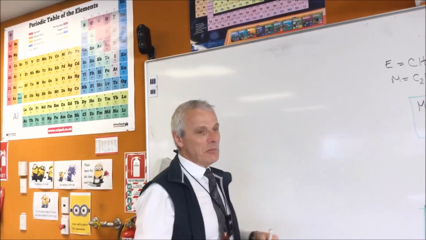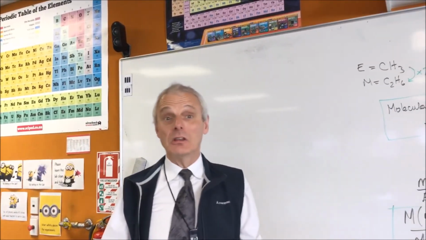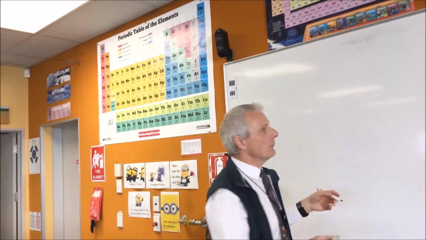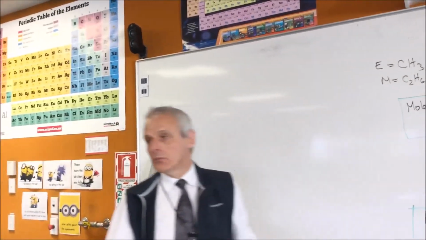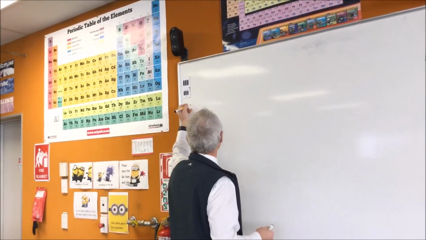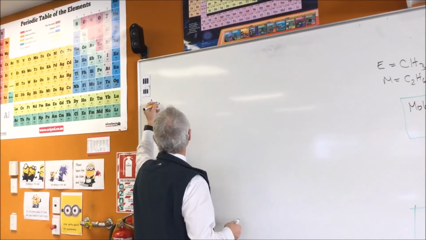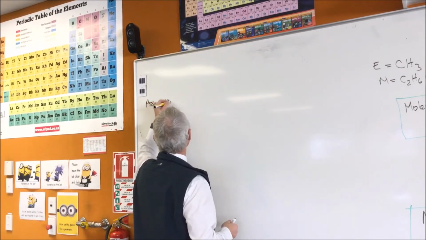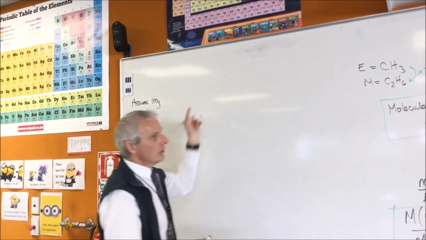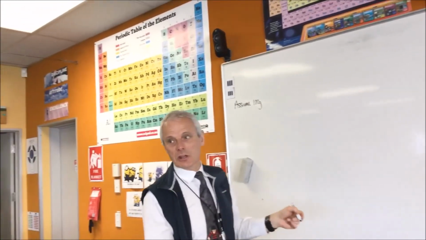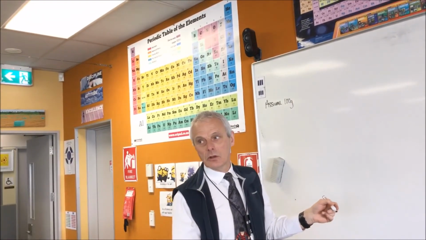So, what's the first step of the empirical formula calculation? Into grams. So, we're going to assume that we've got 100 grams of material. And I'm just going to do it like a little table. And this is how I'd recommend you do it in the real thing.